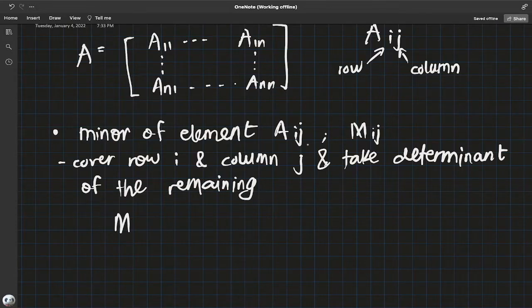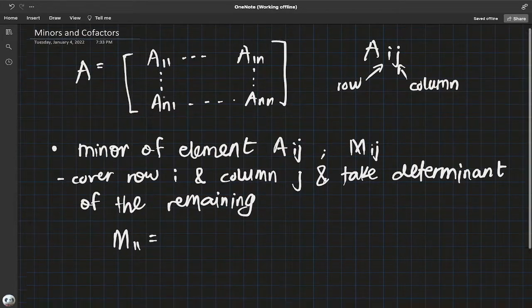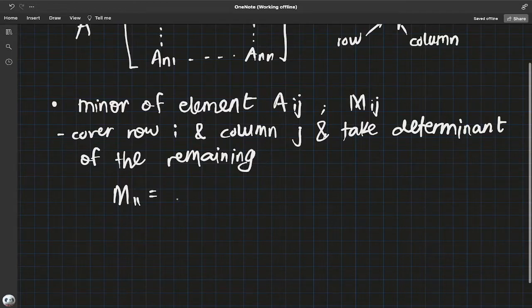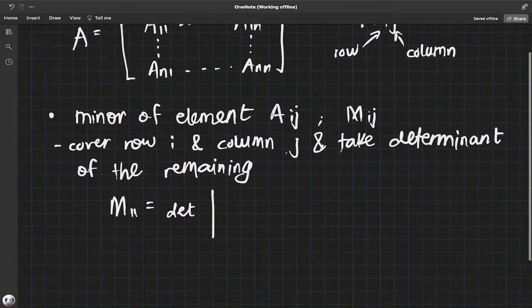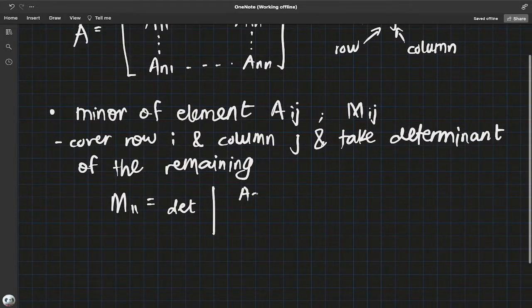So for example, for element row 1 column 1, that will be minor 11, based on what we defined on top, is just the determinant of, well, you exclude the first row and first column. So you have A22, An2, A2n, Ann.